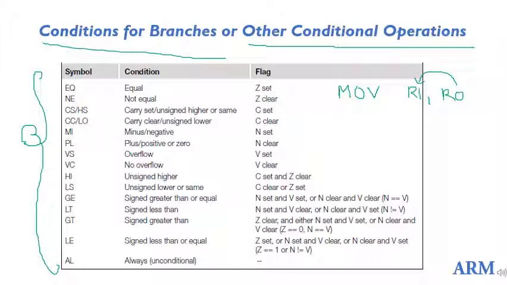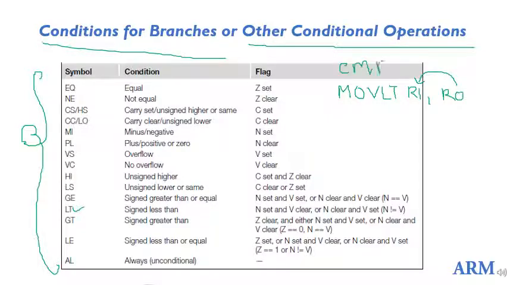Now this instruction can be combined with any of these conditions, that is LT. Say suppose I take this LT. Now this becomes a conditional operation, meaning it will move the value of R0 into R1 only if the less than condition is satisfied. Obviously this could be executed after a compare instruction or something like that.